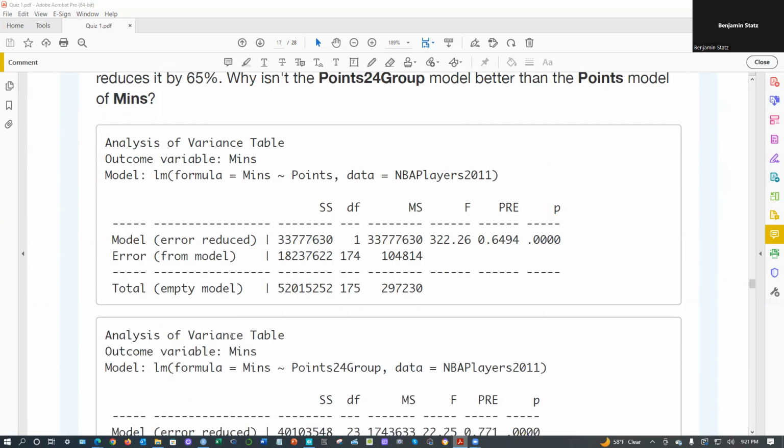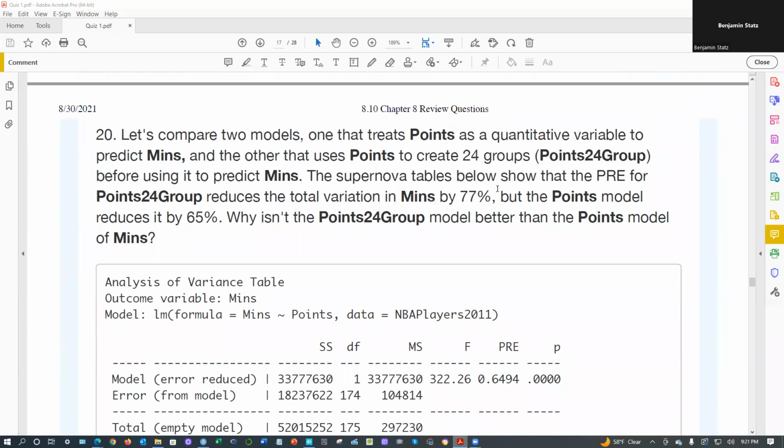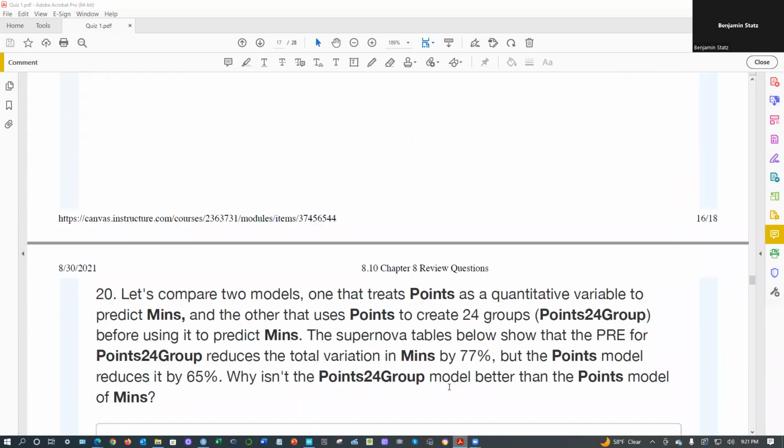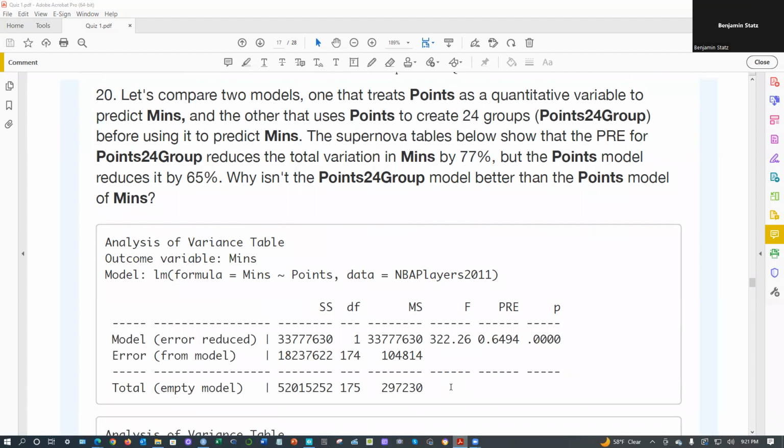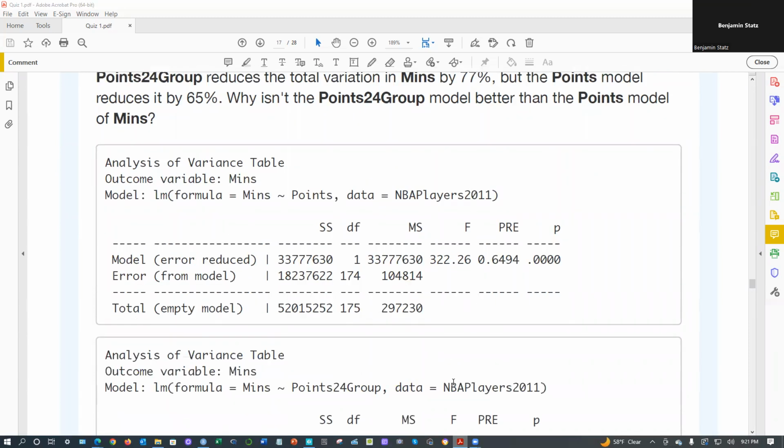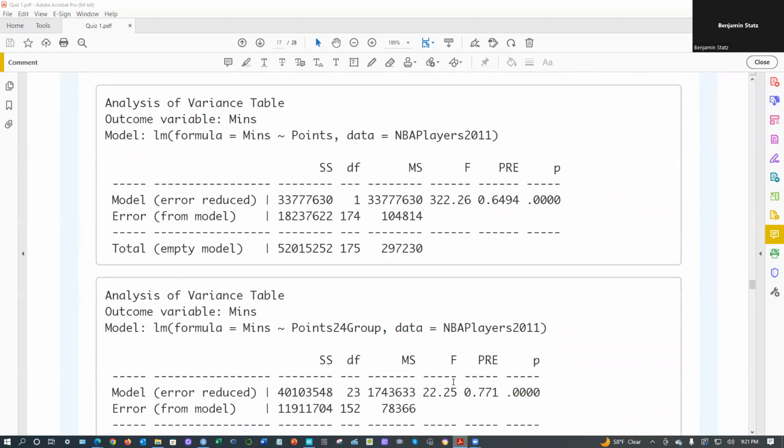But that's not enough for you to make the conclusion. If you look at the F, degrees of freedom have played a vital role here. Even though this value has gone up compared to this one, if you compare the F value, which one has the higher?